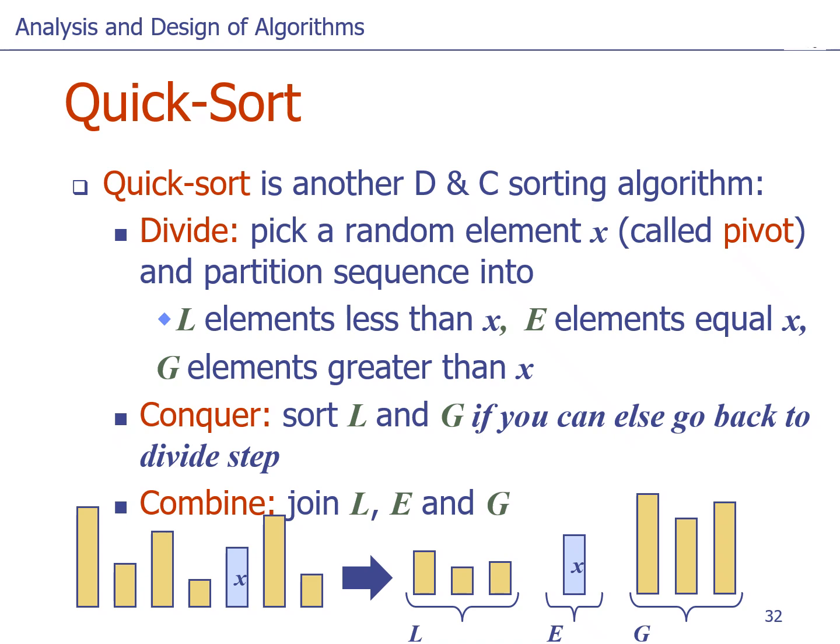There are a number of issues here that you should be thinking of by now. What is the difference between this and merge sort? Merge sort will always split into two equal subarrays, or almost equal. Here this is not the case, because let's say you pick the number that is the largest number in the array as the pivot. Then you will have all the elements minus 1 in the left subarray, and the right subarray will just have the pivot.